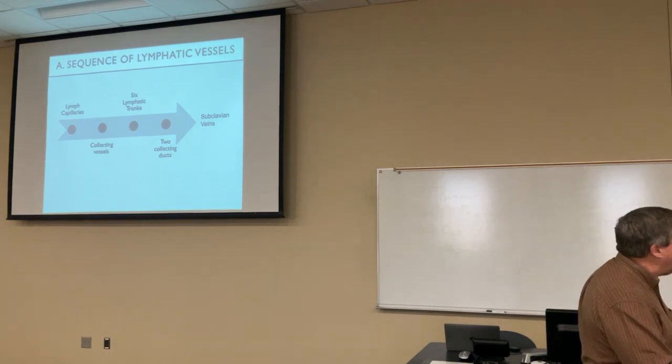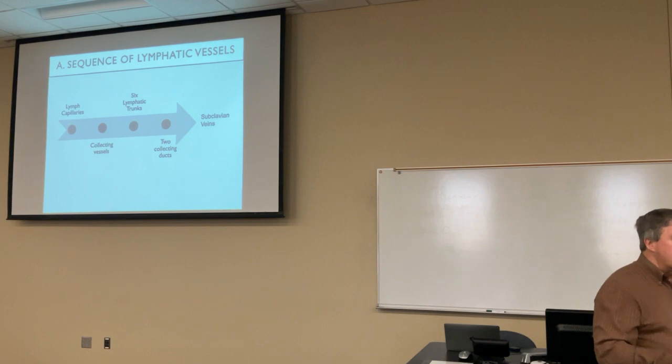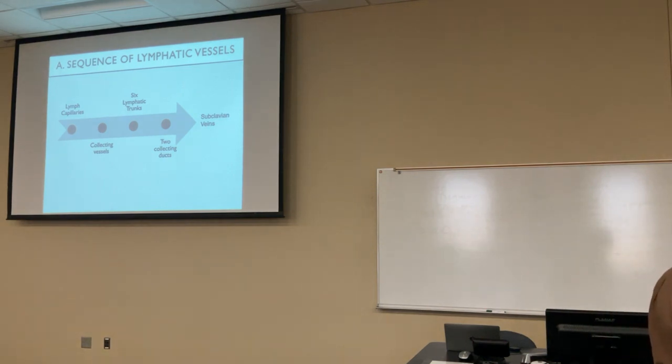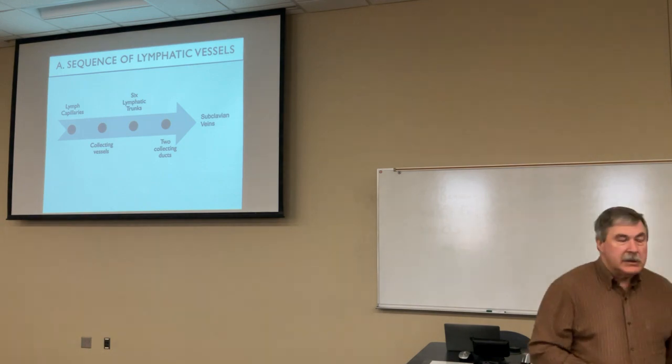Then the lymph passes into larger lymphatic vessels called collecting vessels. From the collecting vessels, it then passes through even larger lymphatic vessels called lymphatic trunks, of which there are 6. And then these 6 lymphatic trunks eventually flow into 2 different collecting ducts.